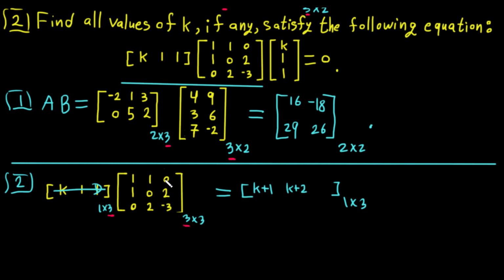This row multiplied by this column, we will get this entry. So k multiplied by 0, plus 1 multiplied by 2, plus 1 multiplied by negative 3.